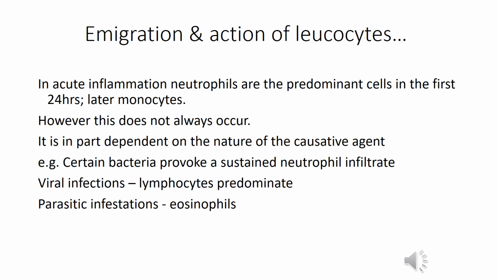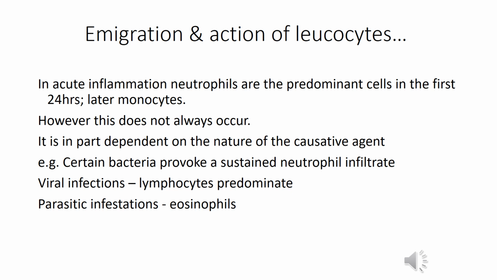But, like I told you, there could be other dominating subtypes or subgroups of white blood cells depending on what is causing the infection, if it is an infectious cause of inflammation. So, if it is a bacterial cause of inflammation, then the neutrophil attraction and pooling will be sustained.